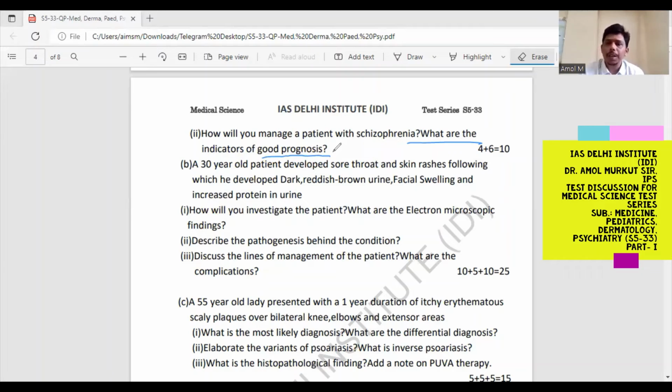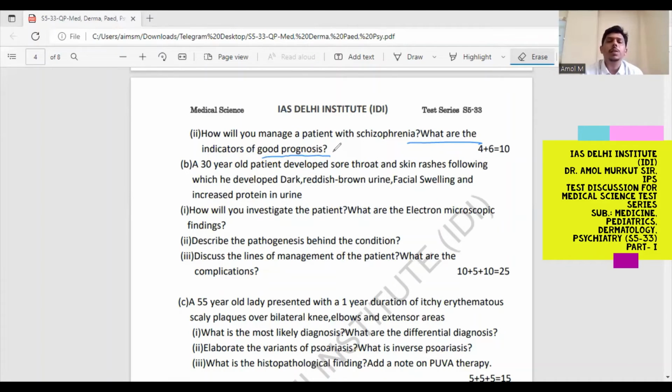And one thing you have to write if you want to get good marks is that the first episode should be treated adequately, for around 1.5 to 2 years. Why? Because the future course of schizophrenia and the future relapses and recurrences depend on the treatment of the first episode of schizophrenia. Okay.